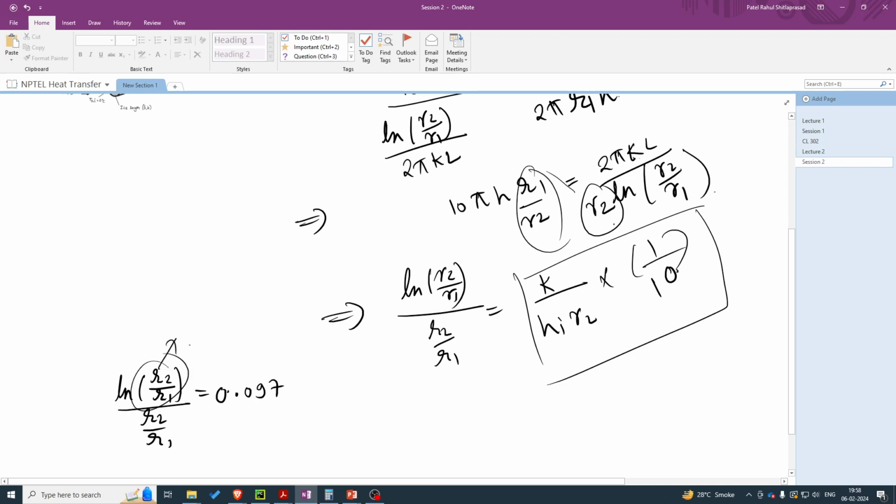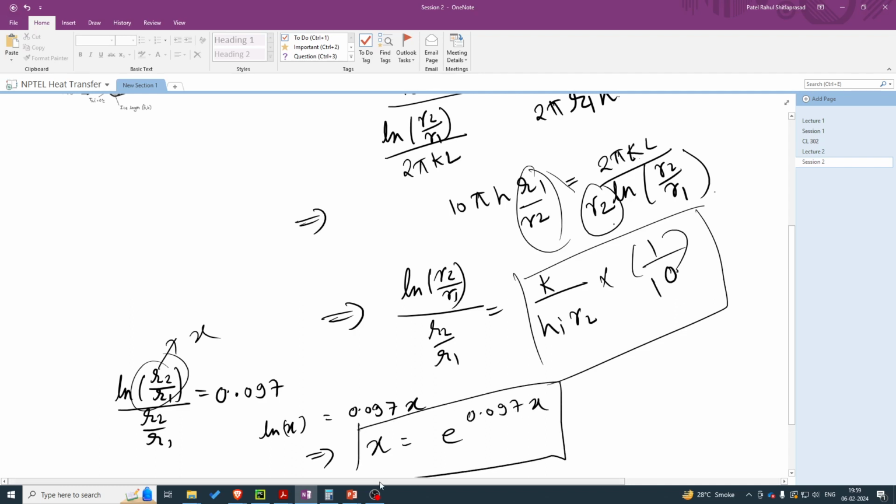Let's treat R2 by R1 as x. So we will get ln of x is equal to 0.097 x. That is, x will become exponential of 0.097 x. So you have to solve this equation.